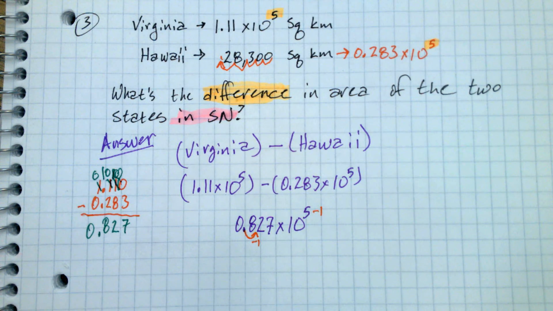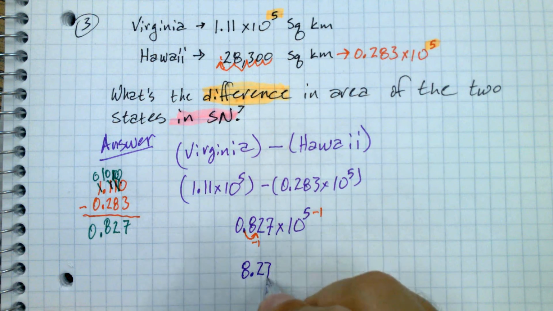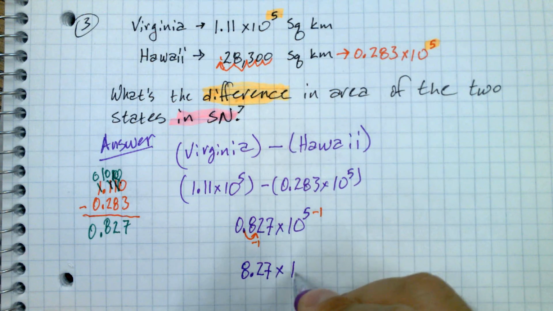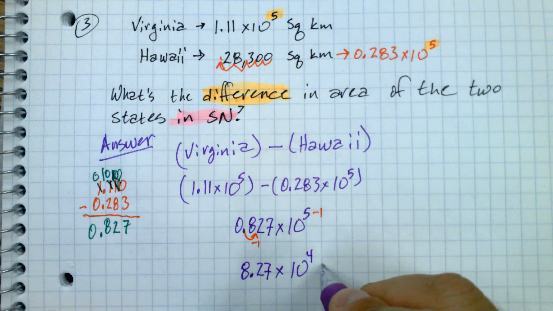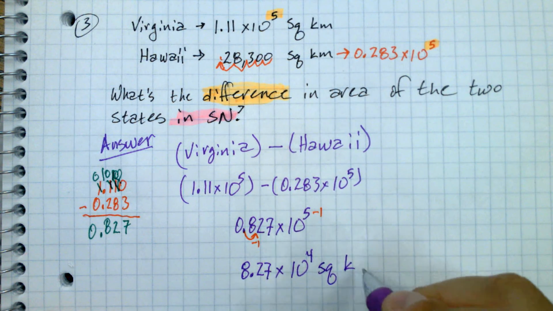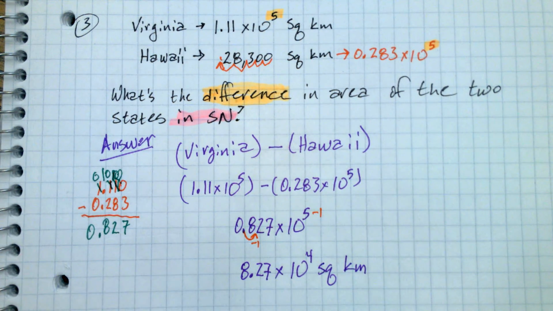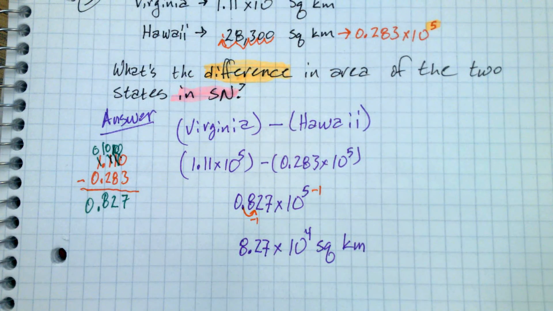So my final answer is 8.27 times 10 to the 4th square kilometers. Is the difference. So that's how much bigger Virginia is than Hawaii.